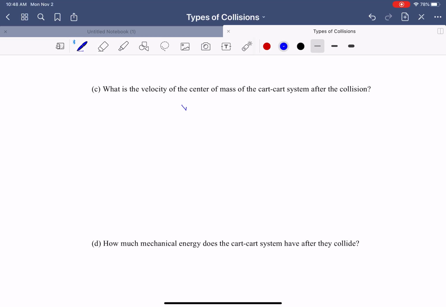So to find the velocity of the center of mass, I find the mass of the first thing, the velocity of the first thing, plus the mass of the second thing, the velocity of the second thing, and I divide it by the masses. So in this case, my velocity of the center of mass is 1 kilogram times 4 meters per second plus 0.5 kilograms times 4 meters per second.